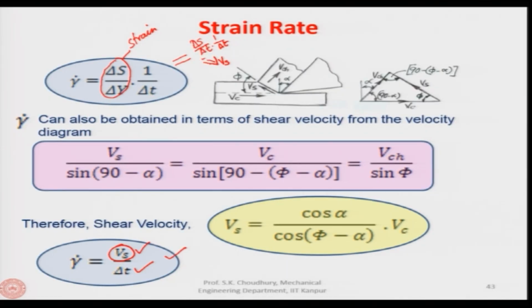This is actually the Vs, and instead of delta T, it will be divided by delta Y. So, finally the shear strain rate is equal to Vs divided by delta Y. If we know the Vs for any given delta Y, you can find out the strain rate.